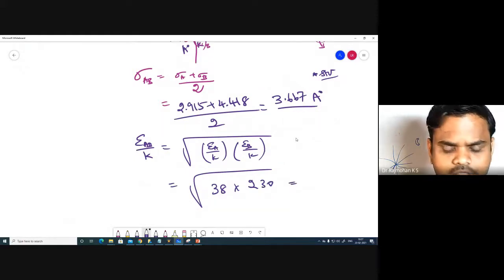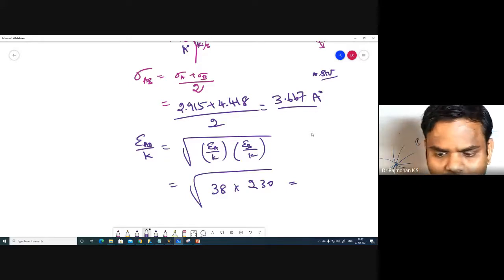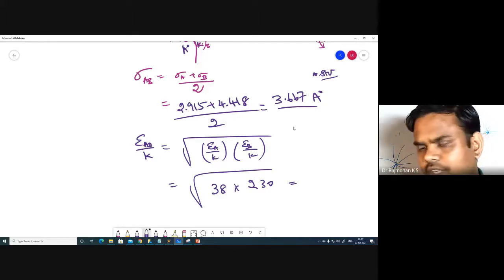Please use your calculator: square root of 38 into 230 equals 93.487, which can be written as 93.5.